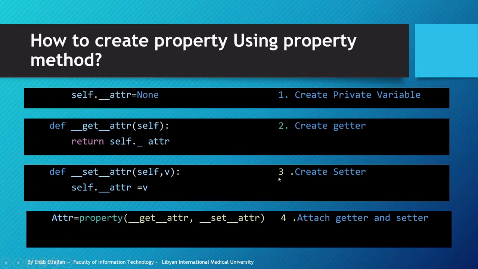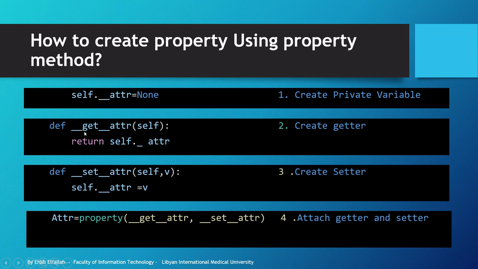There is another way to write this property in Python, which is using the property method. This consists of 4 steps. The first one, we create a normal variable as a private. We put 2 underscores before the attribute, and then the second step, we create the getter. So we create a normal method, but we create it as private.